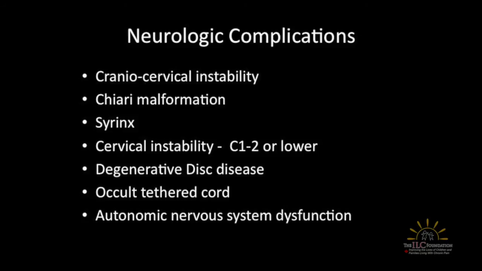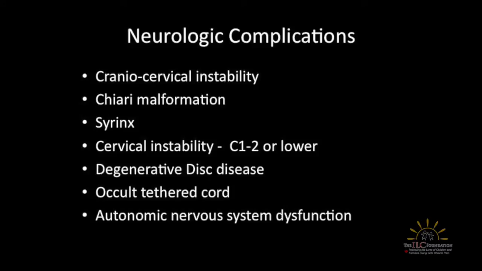In terms of neurologic complications, again, you'll hear much more about this from Dr. Henderson. We see craniocervical instability, Chiari malformation, and the development of syrinx, which is the formation of a lake of cerebrospinal fluid in the interior of the cervical or thoracic spine. Cervical instability may be at C1-2 or lower.